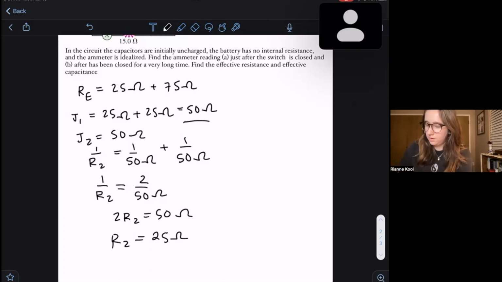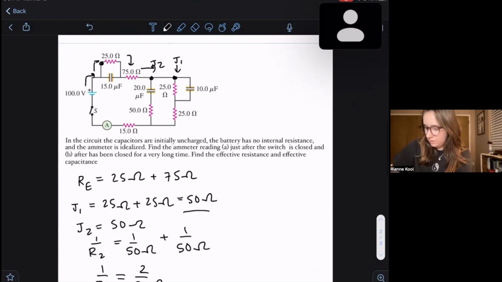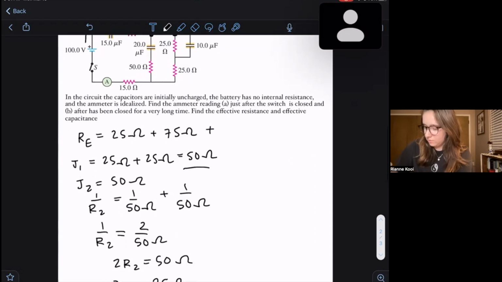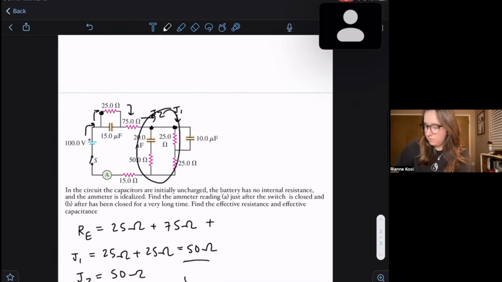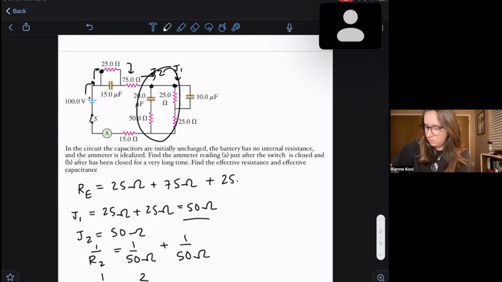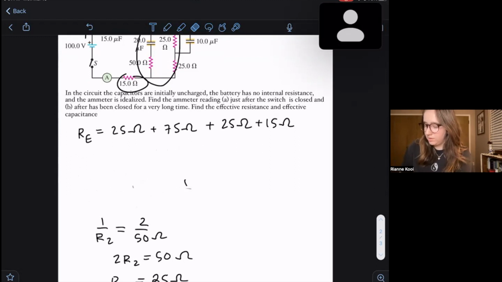Then from our effective resistance, I'm going to add another 25 ohms, because that's what we found this section to be. And then we add one more 15 ohm resistor to the mix, and that is our total resistance.